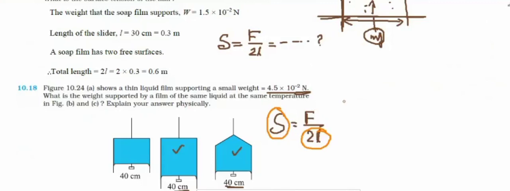And definitely in B and C also, as S and L are same, the same force can be supported. That means in both B and C also, a maximum weight of 4.5 into 10 power minus 2 Newton will be supported.